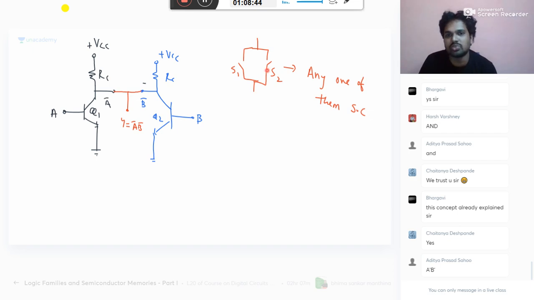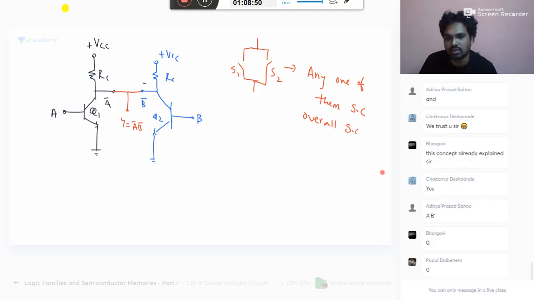So any one of them short circuit, overall is short circuit. Short circuit is like zero, you assume. Any one of them is zero, overall zero.